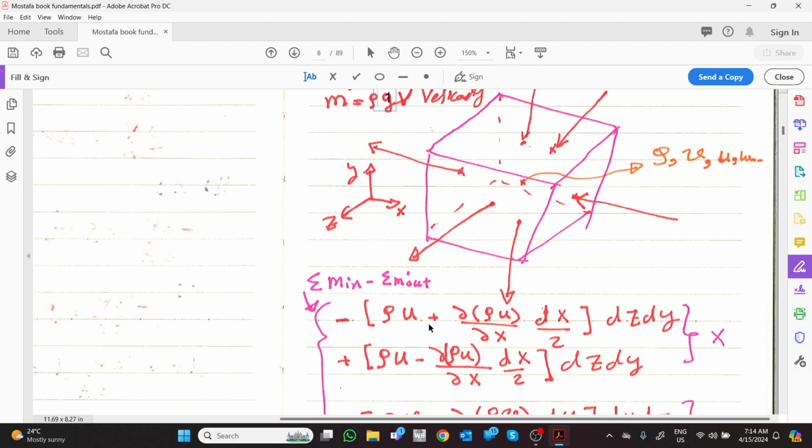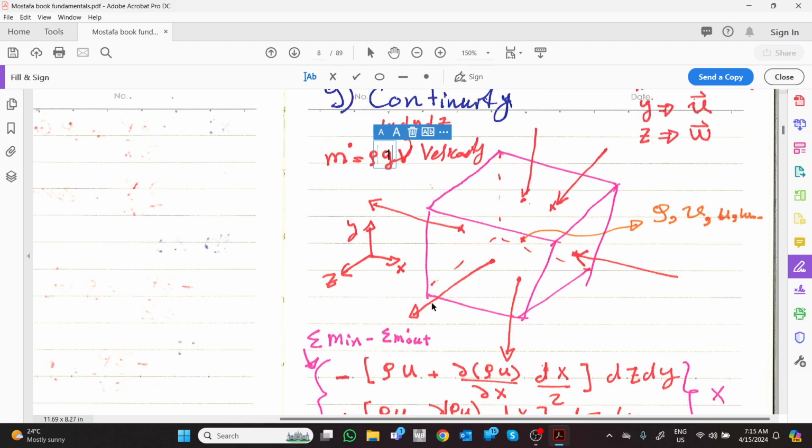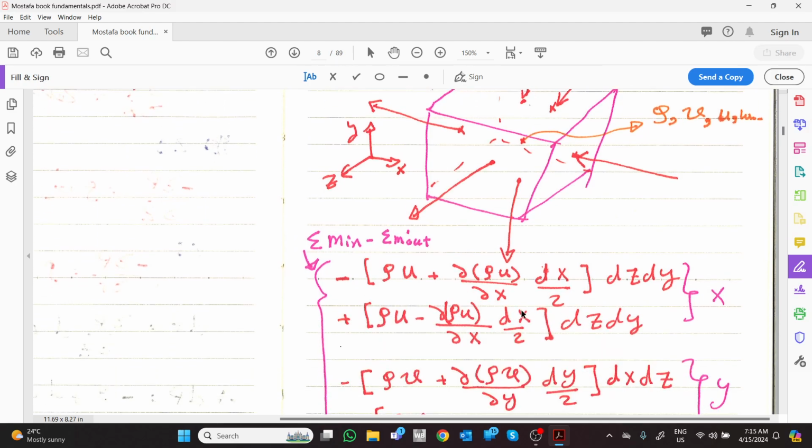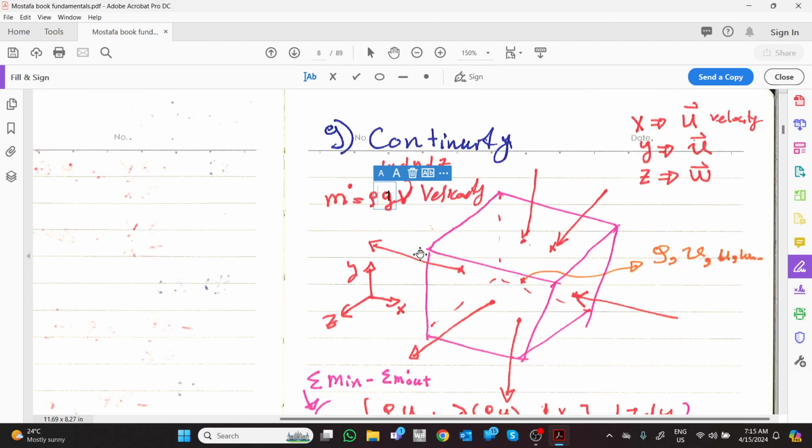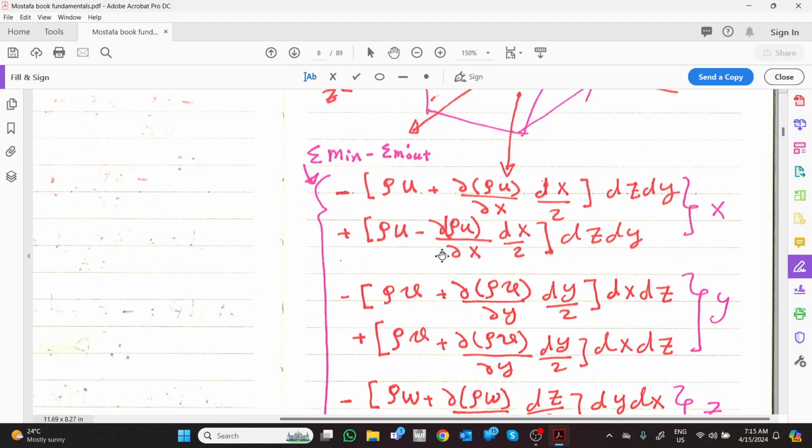So, truncated Taylor series, same concept. I have this point, I need to check this point, which is in the x. I will refer to this in the increase of x, so it is rho u multiplied by dz dy. It is the area, rho velocity. This is the mass flow rate. So this equation is incorrect.